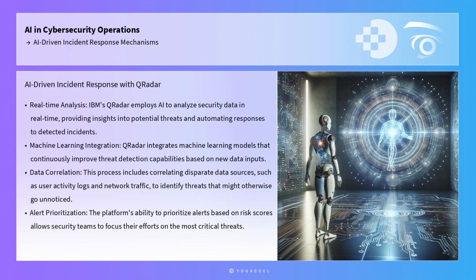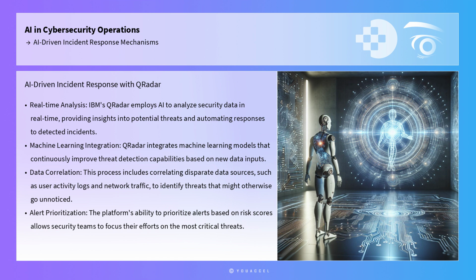A practical tool that exemplifies AI-driven incident response is IBM's QRadar security intelligence platform. This tool employs AI to analyze security data in real time, providing insights into potential threats and automating responses to detected incidents. QRadar integrates machine learning models that continuously improve their threat detection capabilities based on new data inputs.